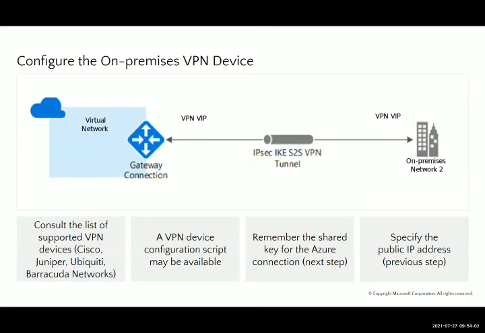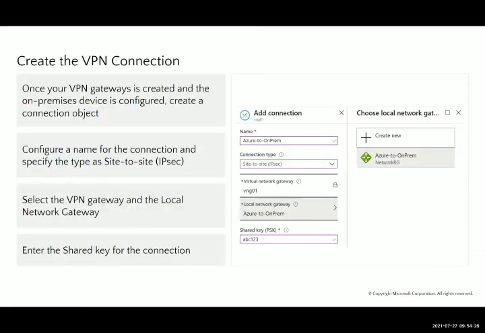Any reporting you want, you can check from the Azure Monitor dashboard: live bandwidth utilization, and also historical data for the VPN connectivity. I don't think VPN connection is very tough; it's very simple.